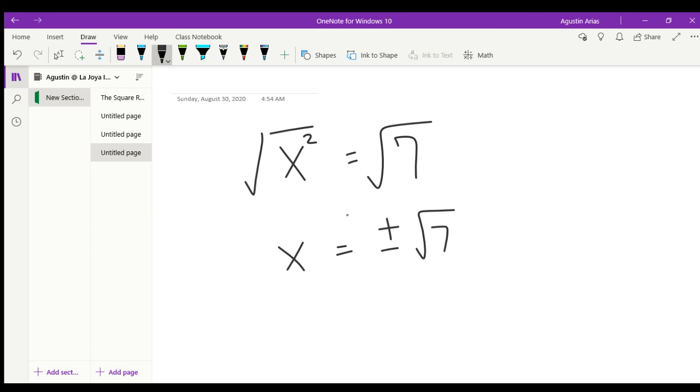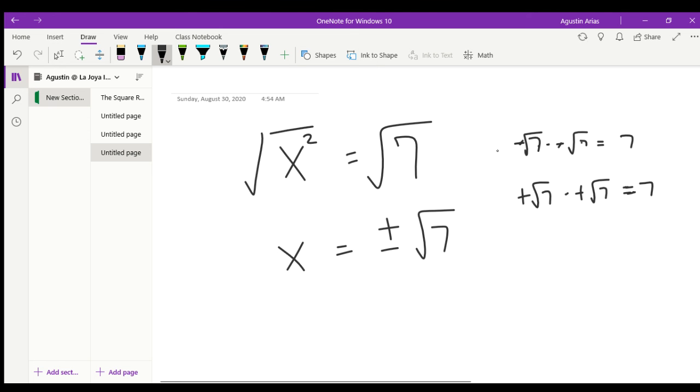So if I go back and say negative square root of 7 times negative square root of 7, the negatives cancel, and square root of 7 times square root of 7 is just 7. And if it's positive square root of 7 times positive square root of 7, positive times positive is still positive, and that's 7.